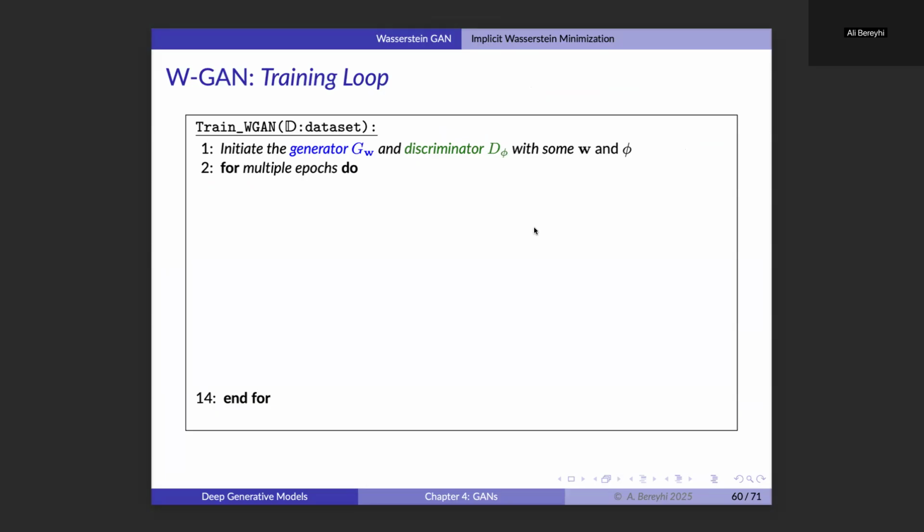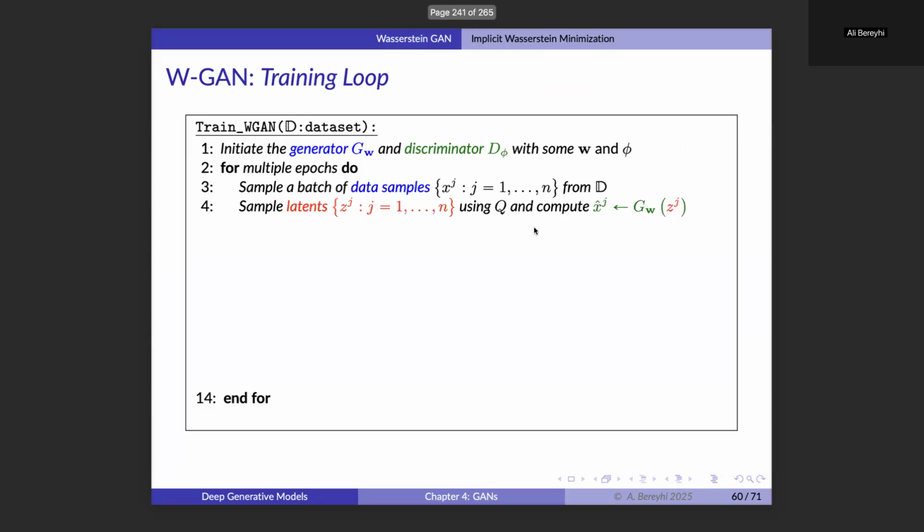So first of all, we are going to initiate some generator and discriminator. Then we start to do sampling. So we're going to make a batch of data samples and also a batch of model samples. So we do know here the model sample generation is very easy. We just sample latent, which are, say, Gaussian noise, and then we're going to pass it through the generator. Then we're going to have a bunch of model samples.